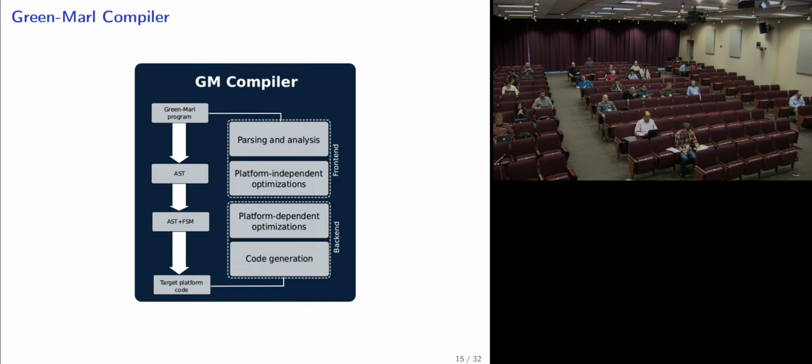The GreenMark compiler is organized in a pretty standard way. It has a front-end and a back-end. The front-end includes parsing and analysis steps, as well as platform-independent optimizations, while the back-end has platform-dependent optimization and code generation.